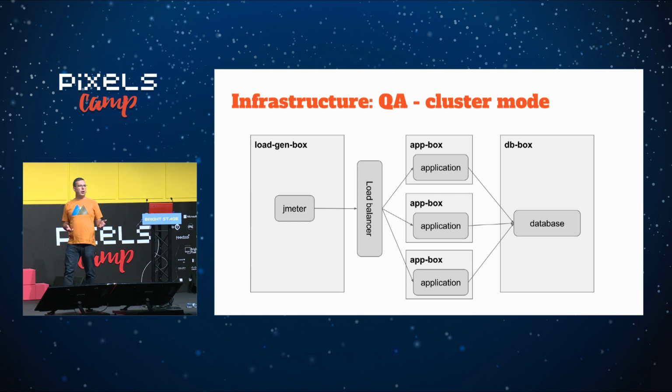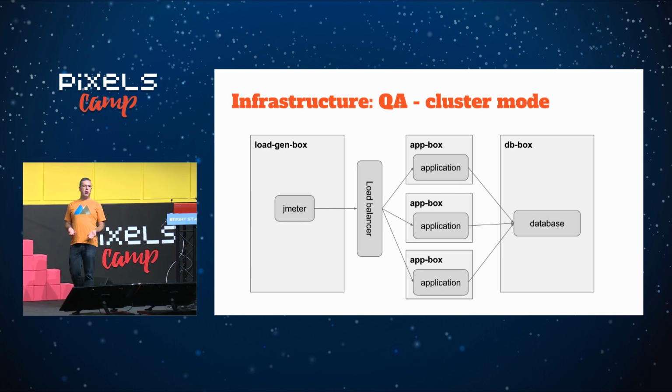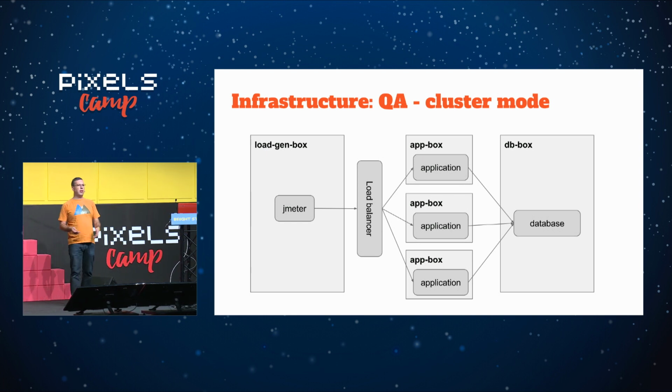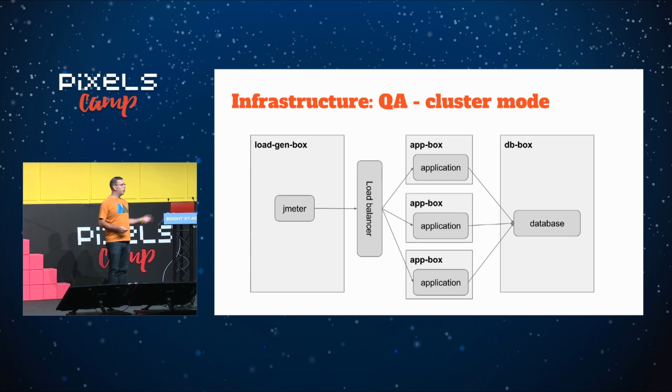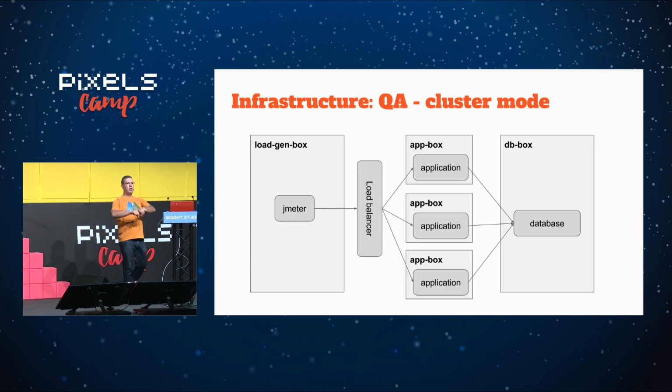Usually our applications running on the internet don't run on a single box. We have clusters and several nodes running the application, and then you can scale the load testing scenario to this scenario, where you have several boxes running the application and a load balancer in front of them, just sending requests to every node. You can generate load against the load balancer and test how the cluster will handle the load.